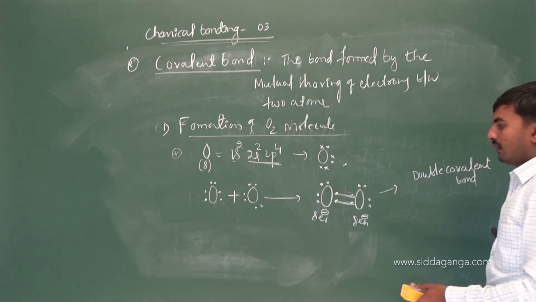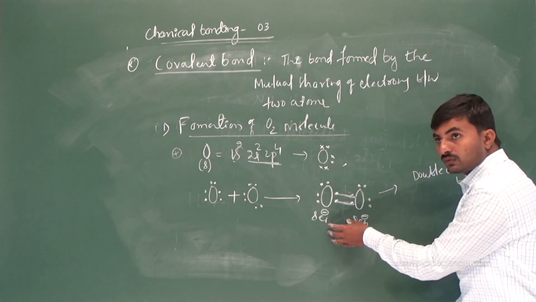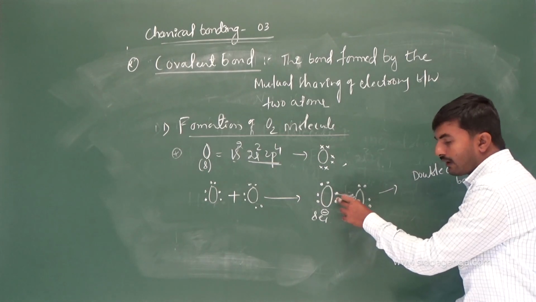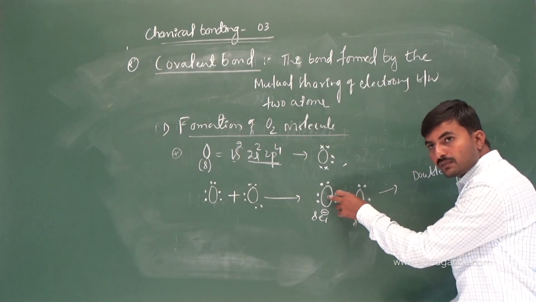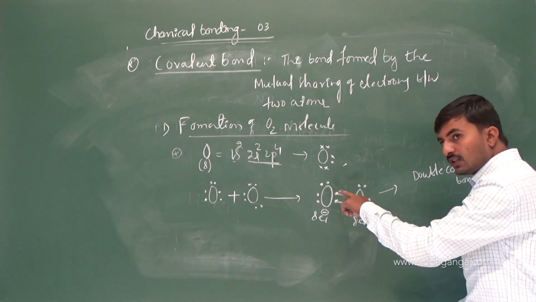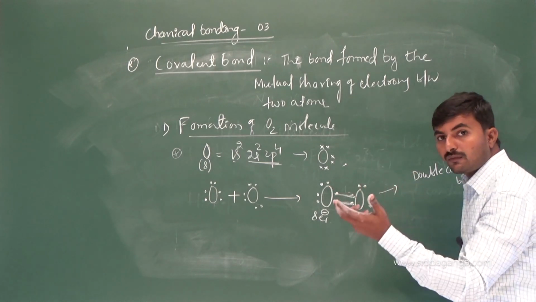Then which type of covalent bond does it belong to? Both the atoms have the same electronegativity. Both are oxygen atoms. If there is a difference in electronegativity, that may result in unequal sharing of electrons.